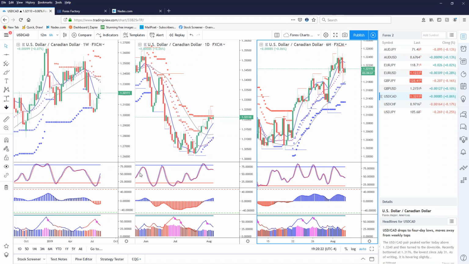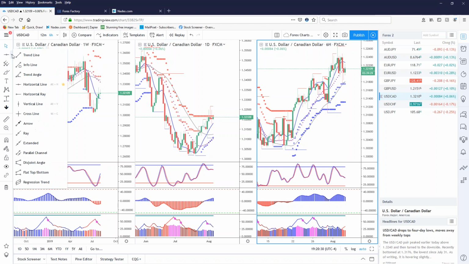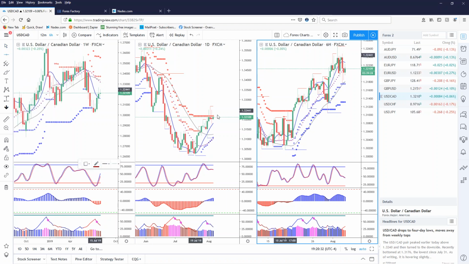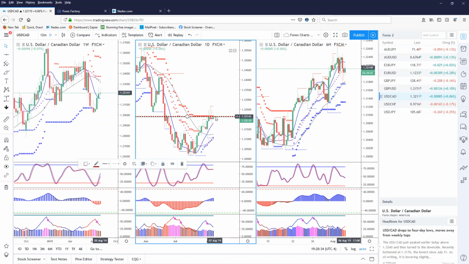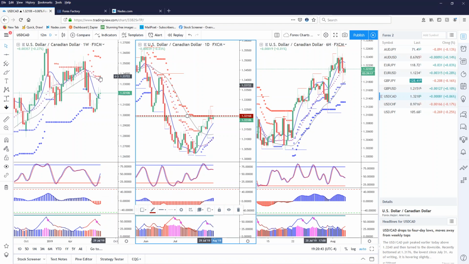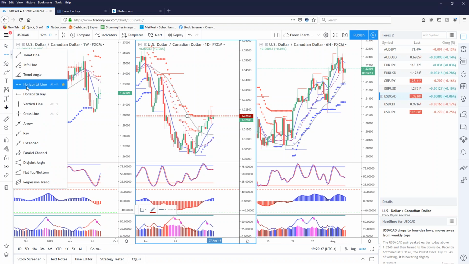Okay, in this case, you do see that you are at an area that may resist price. Now, the only thing that I don't like about this is, you've got an area that could potentially resist price here, but your weekly is saying that this is going to go up to this ATR.